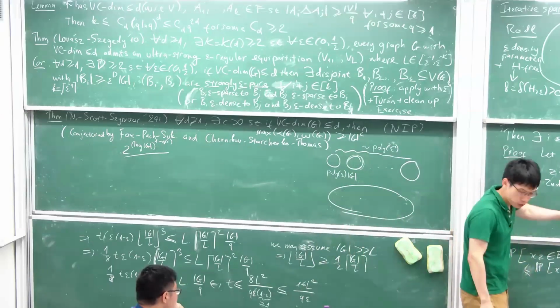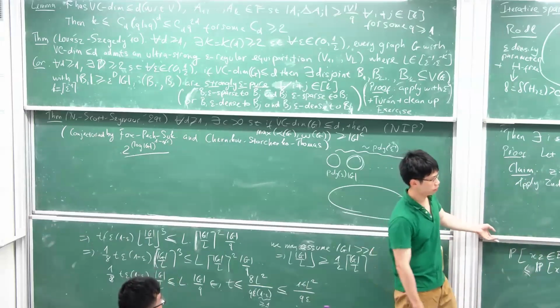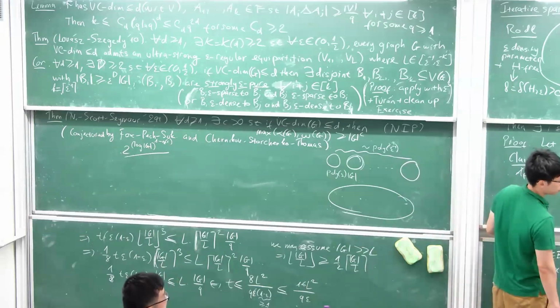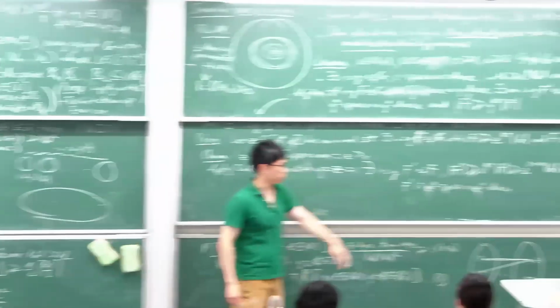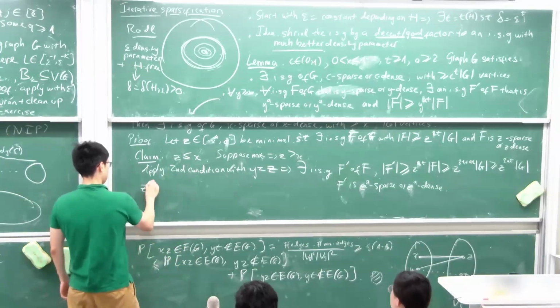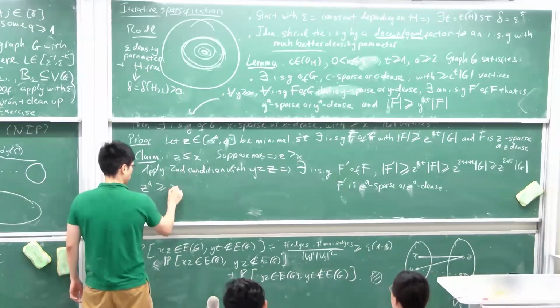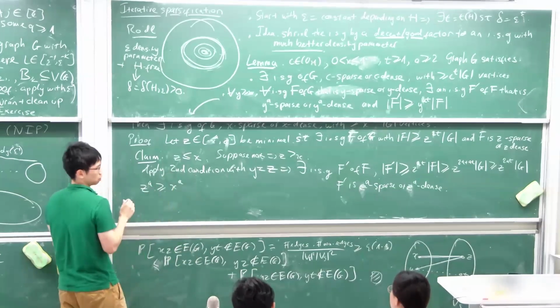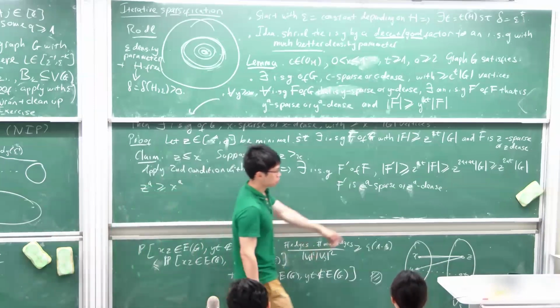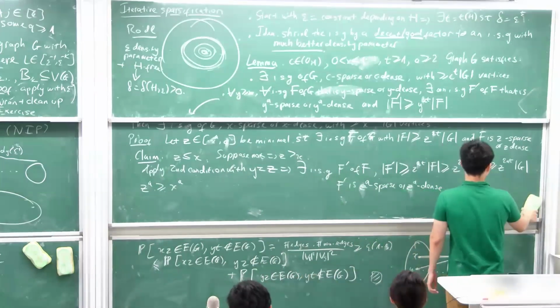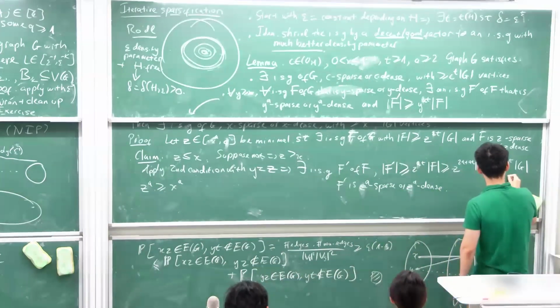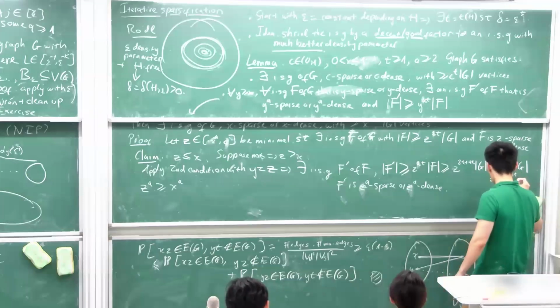So we try to pass to a better induced graph here. Now, this would give a contradiction, right? Because Z to the A is of course at least X to the A, right? And Z to the A is raised to power 2t.